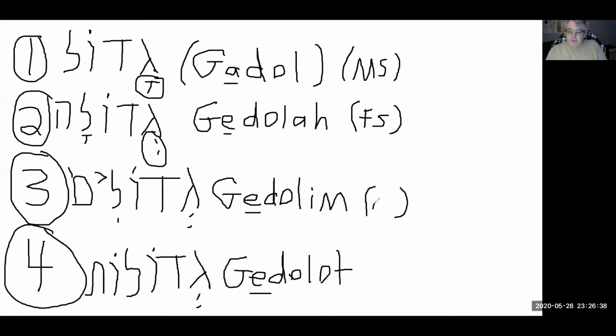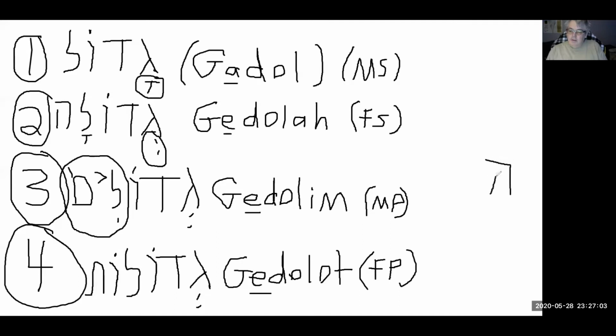That's masculine plural. Remember the eem ending? And you get the feminine plural, which is gedolot. And if you look at this ending, we talked about it in Elohim. In Elohim, you had the eem ending, and you had the hey, the yod, and the mem.